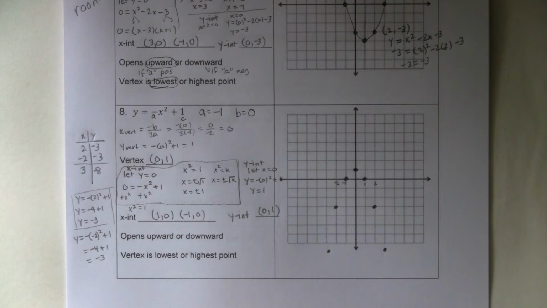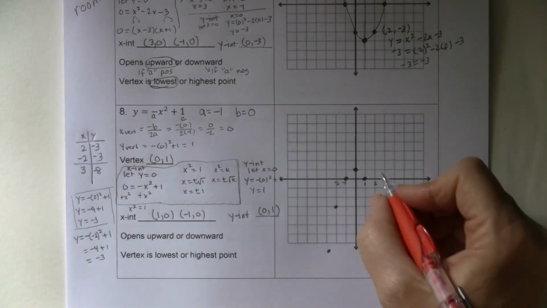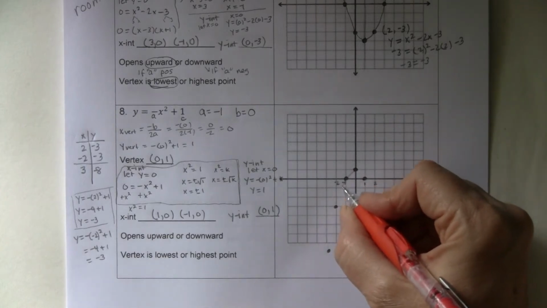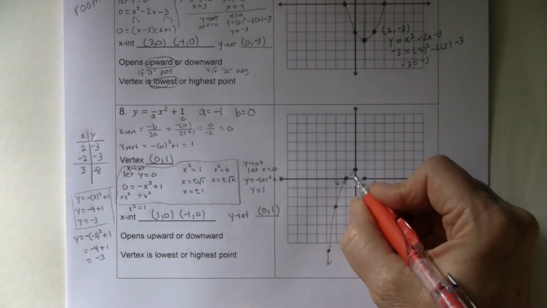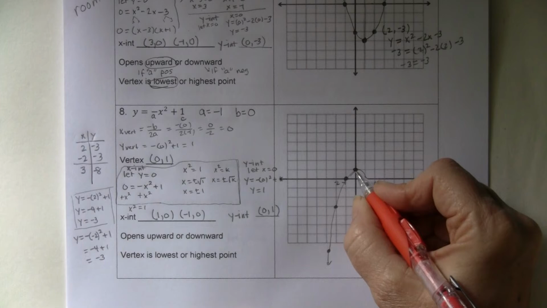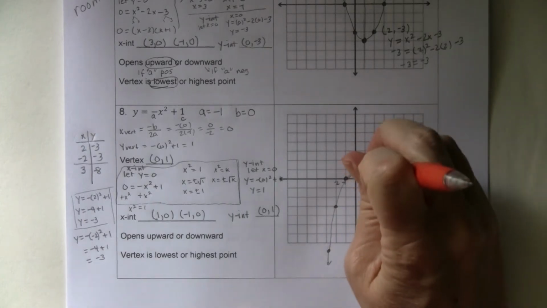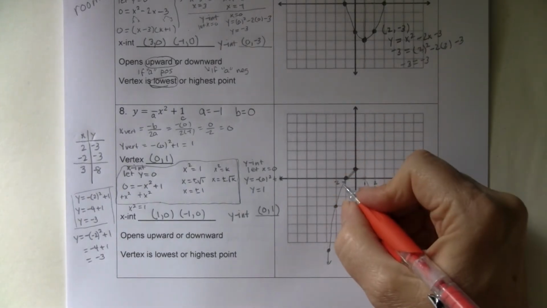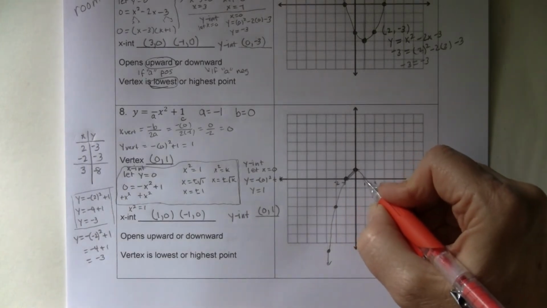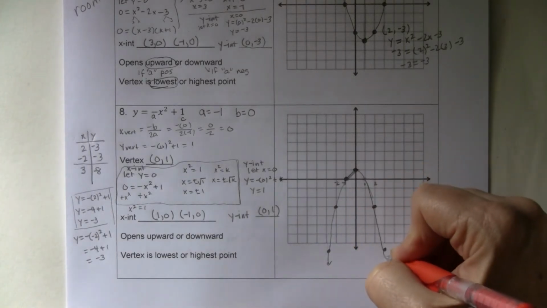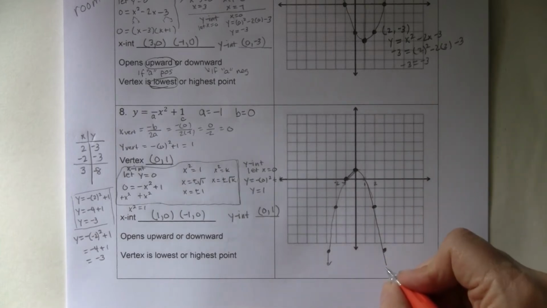And now I have a lot of points on my parabola, and I can sketch it in. Best of my ability here. I have to erase to make it look just a little bit better, just in case my mother is watching. Something like that, right?